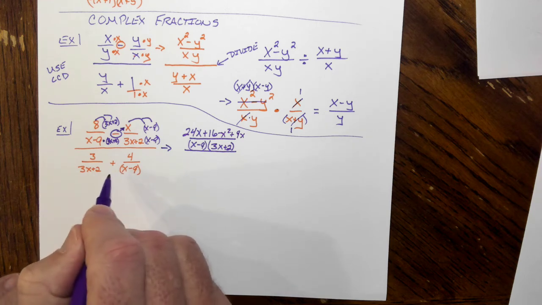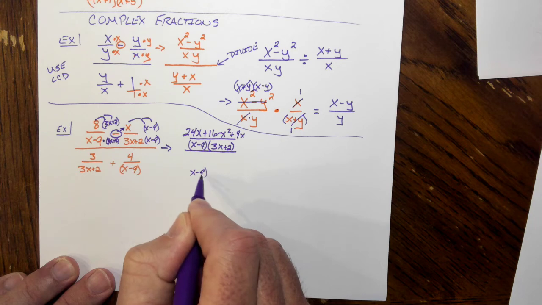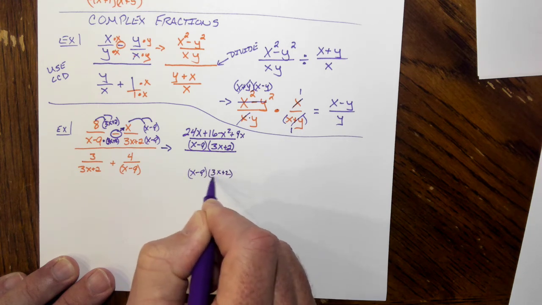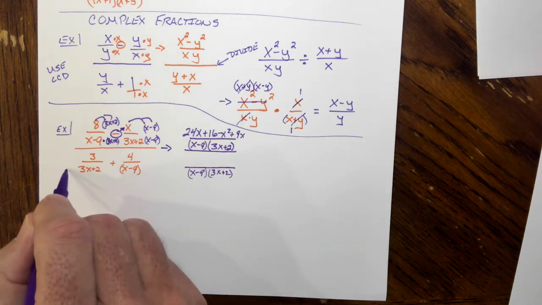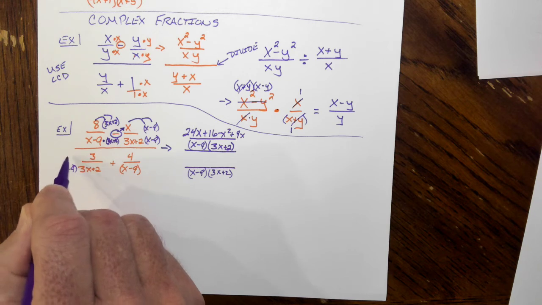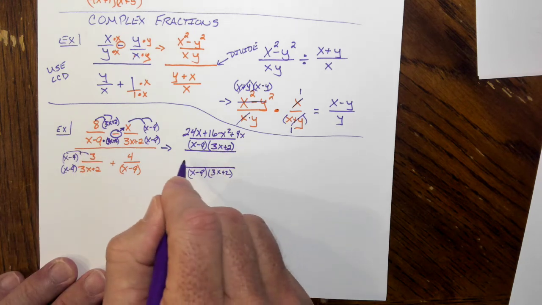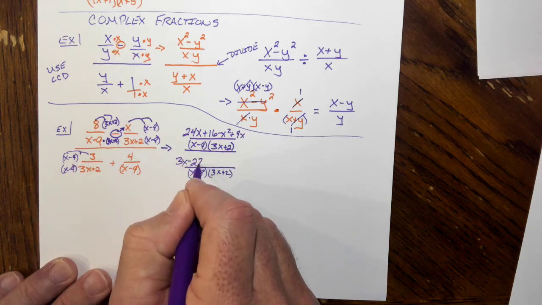Kind of same thing going on in here. It's going to be an x minus 9 and a 3x plus 2 common denominator. So how do I get there? I gotta go in x minus 9. X minus 9. Distribute. 3x minus 27.